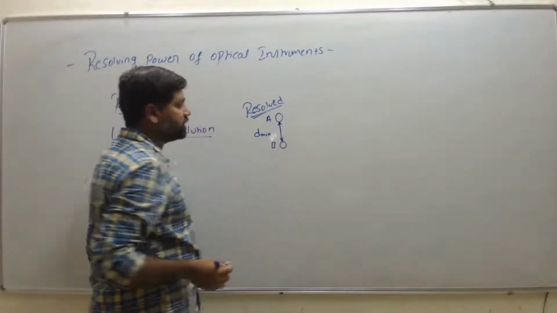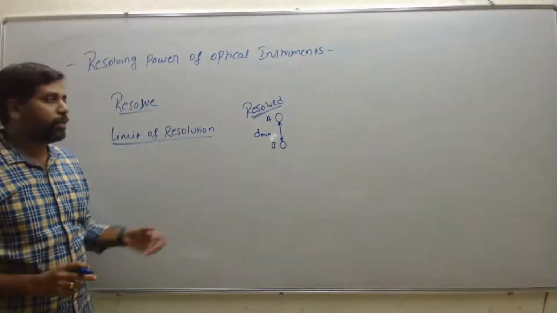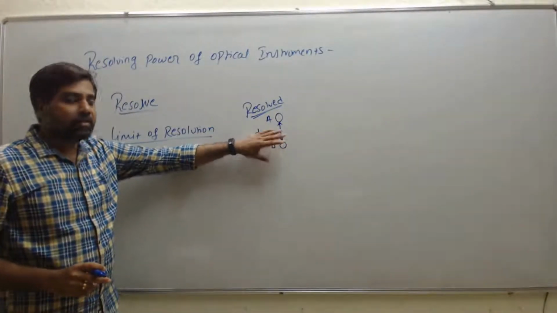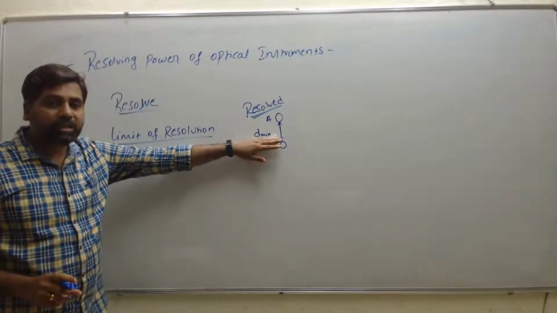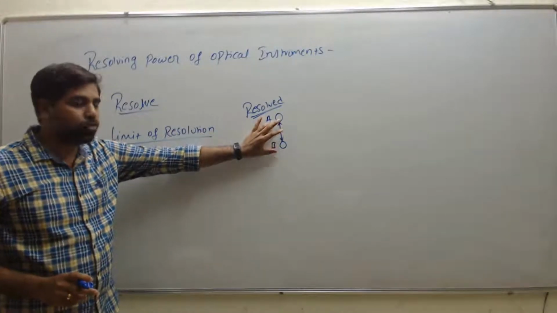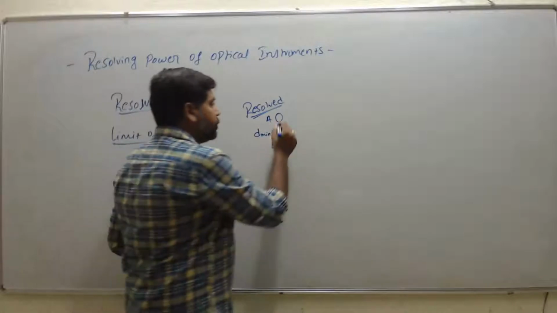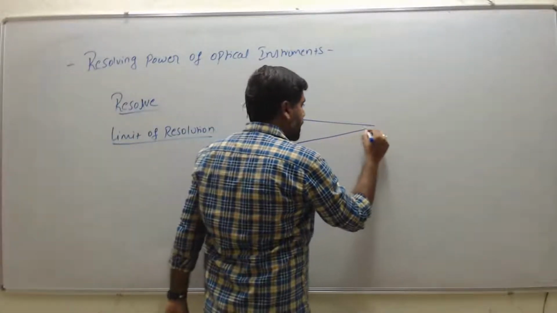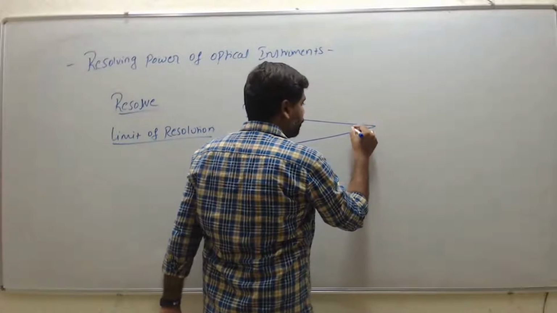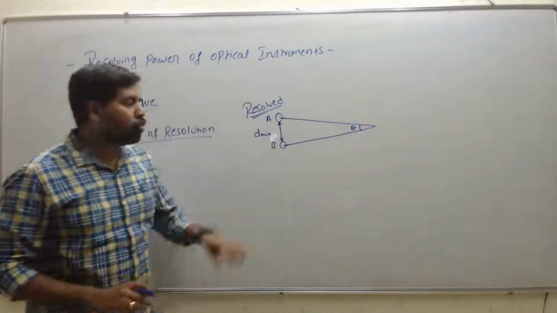D represents the distance between A and B, that is, two point objects separated by the minimum distance of separation, or the smallest angular separation between these two objects.